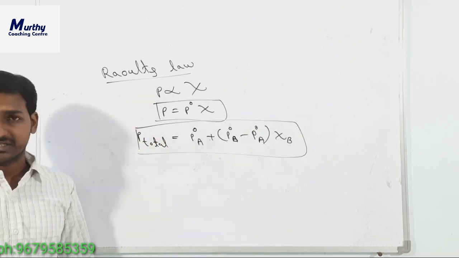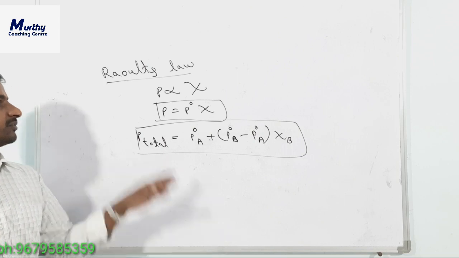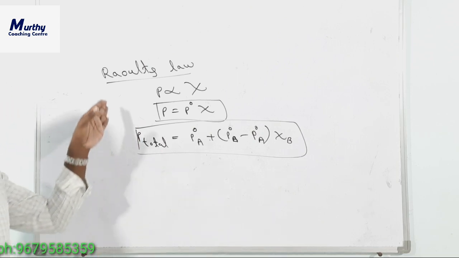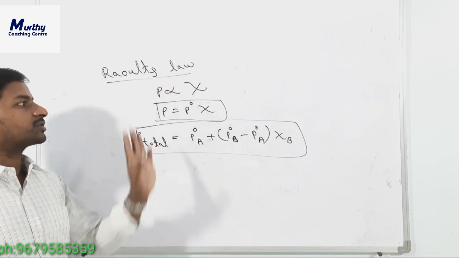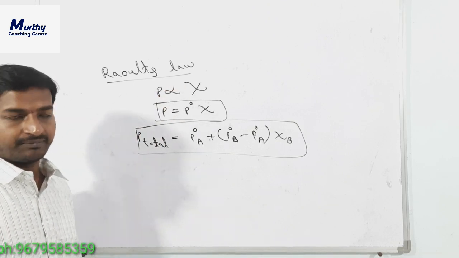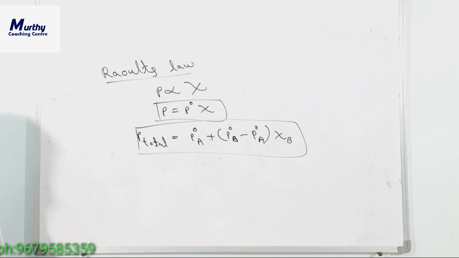That is Raoult's law. Clear? What is the definition of Raoult's law? At a given temperature, the partial pressure of the liquid is directly proportional to the mole fraction of the liquid.